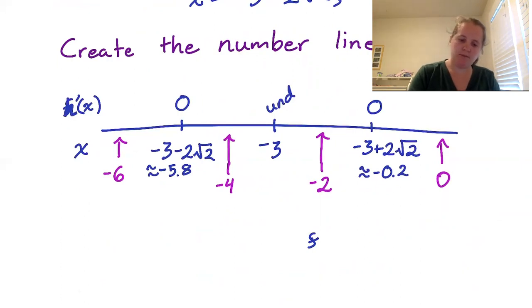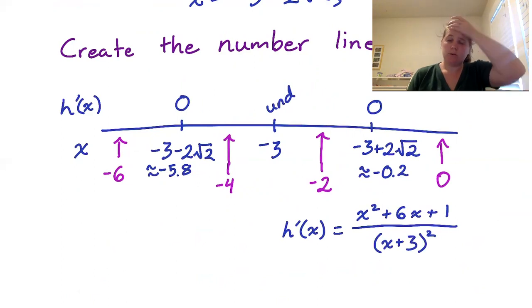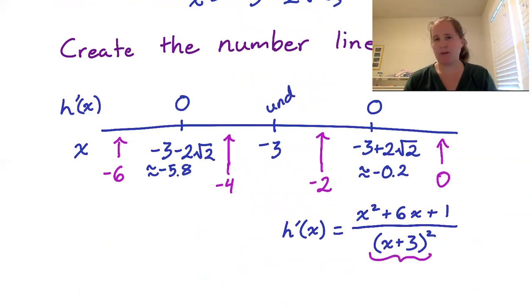It was x squared plus 6x plus 1 all over x plus 3 squared. So note that this denominator here is always positive, aside from at -3. So this part's going to be positive, so we're really just concerned with the numerator.